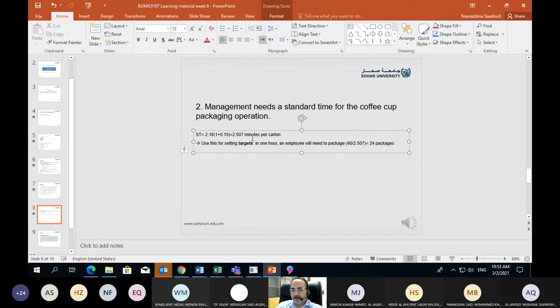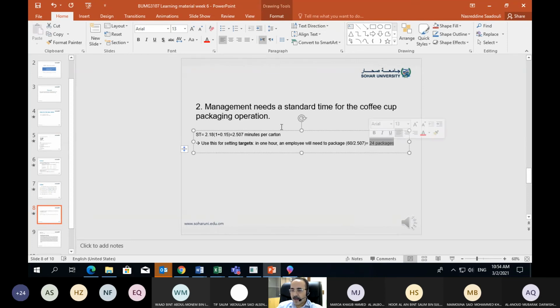If I want to set targets for my employees, what should the targets be? If it takes 2.507 minutes per carton, so in 1 hour, the standard output of the employee should be 60 by 2.507, 60 minutes in 1 hour, should be 24 packages.